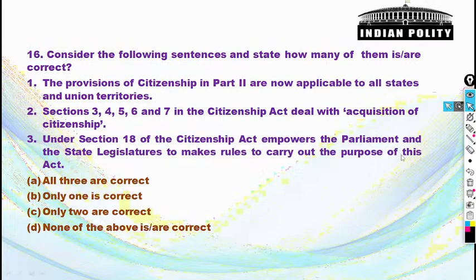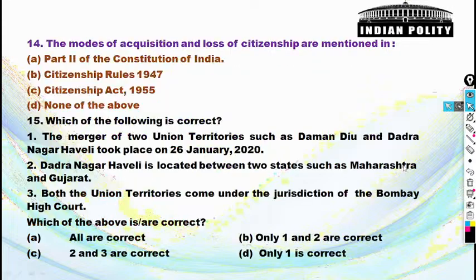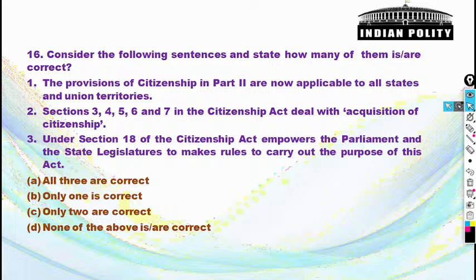Consider the following sentences and state how many of them are correct. The provisions of citizenship in Part 2 are now applicable to all states and union territories. We have already discussed that. Sections 3, 4, 5, 6, 7 of the Citizenship Act deal with acquisition.